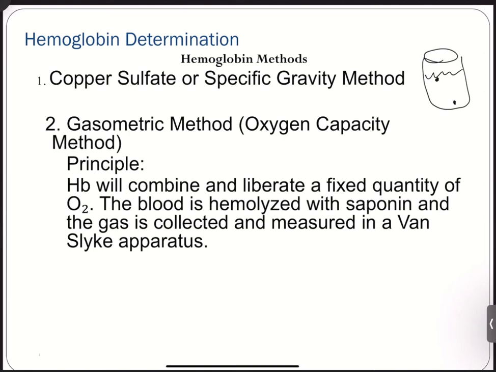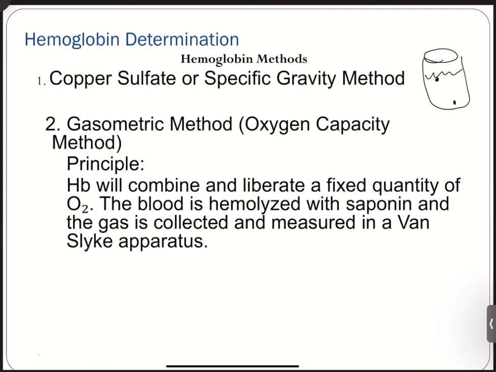Next is your gasometric method. Okay? This is an oxygen capacity method. The principle is that hemoglobin will combine and liberate a fixed quantity of oxygen. The blood is hemolyzed with saponin, and then the gas is collected and measured in the Van Slyke apparatus. First we hemolyze the blood to release the hemoglobin content inside the cell.